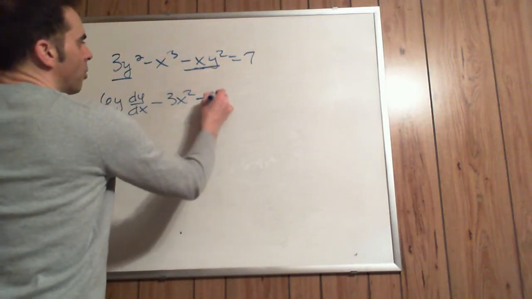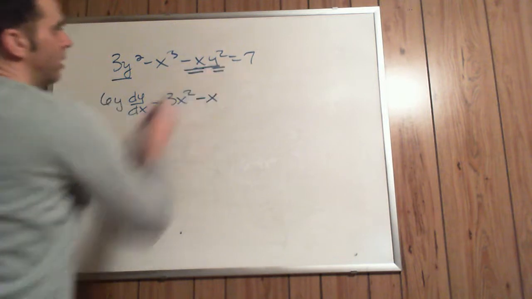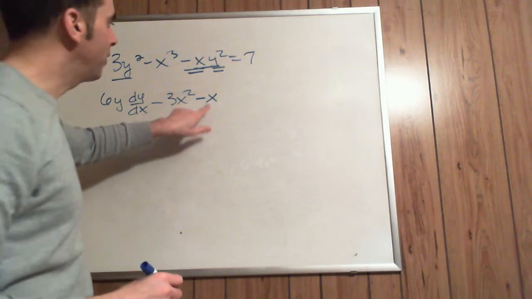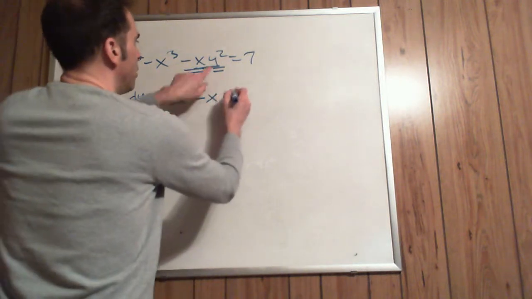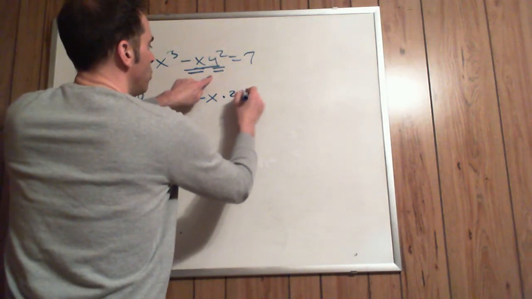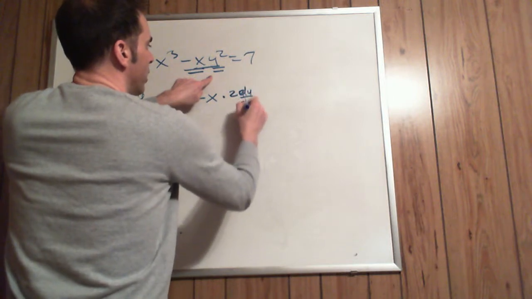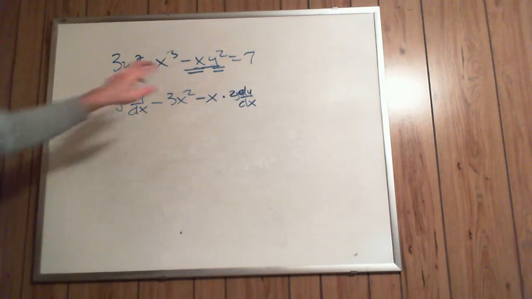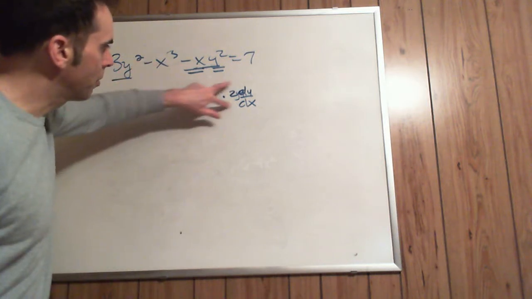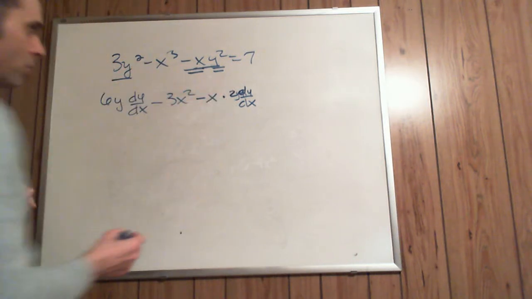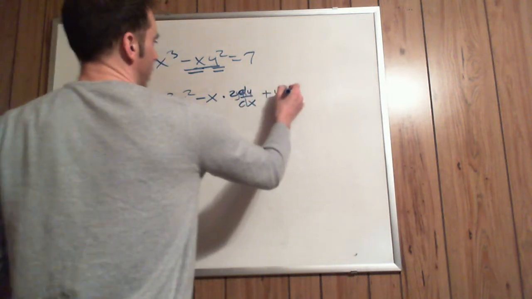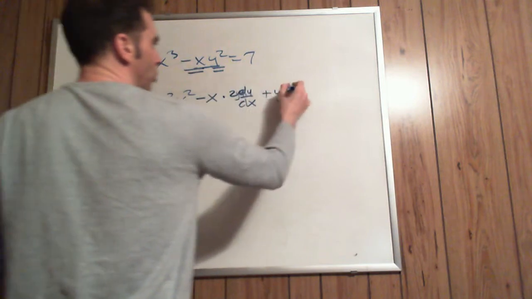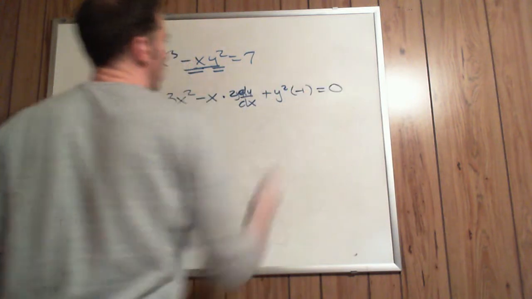So maybe the first I'll call negative x and the second is y squared. So it would be negative x times the derivative of the second, which is 2y dy/dx, that is. So it's the first times the derivative of the second, which is 2y dy/dx, plus the second, which is y squared, times the derivative of the first, which is negative 1, and the derivative of 7 is 0.